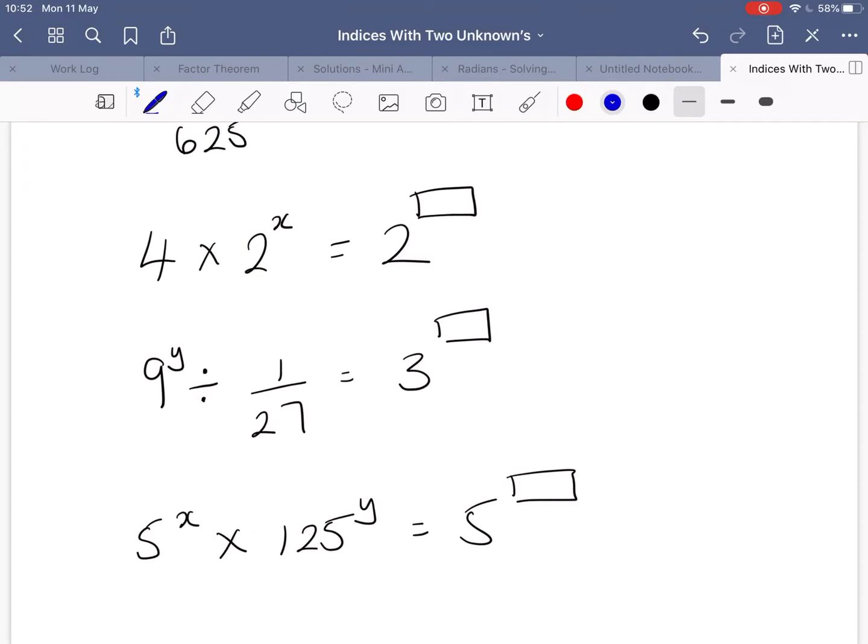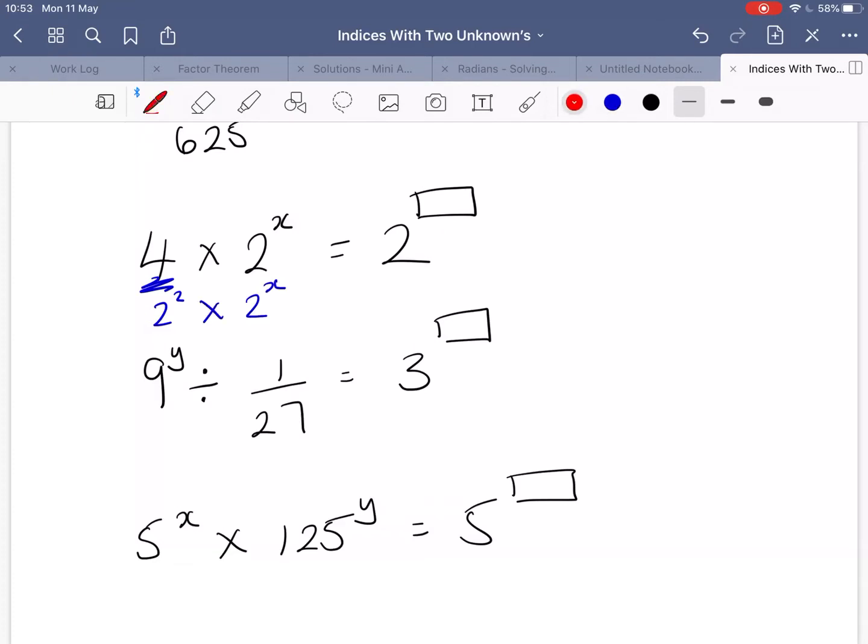And then I've got 3 more where I have to think a little bit deeper about these. So the first one, 4 times 2 to the power of x. Well, my answer has to be 2 to the power of something. So that means I need to change this 4 to begin with. And I need to think, well, 4 is just 2 squared. So effectively here I've got 2 squared times 2 to the power of x.